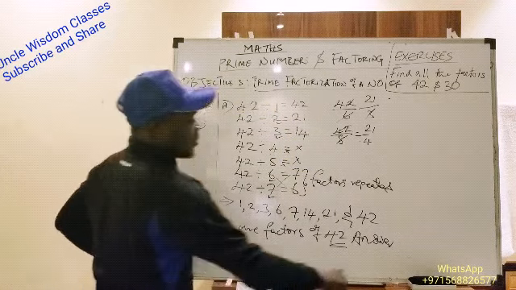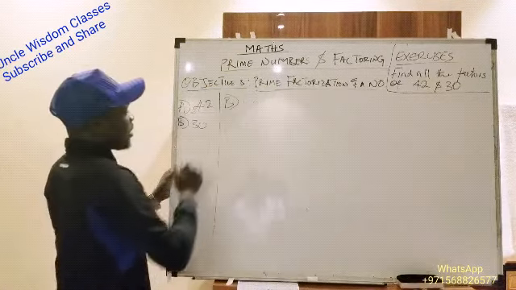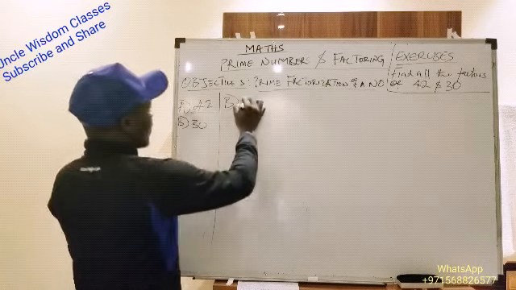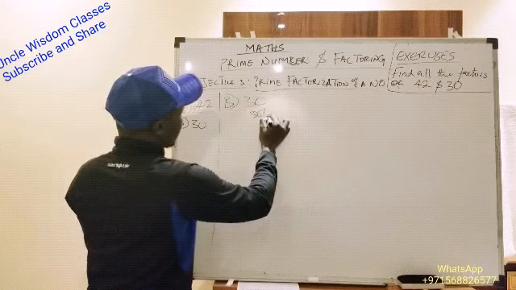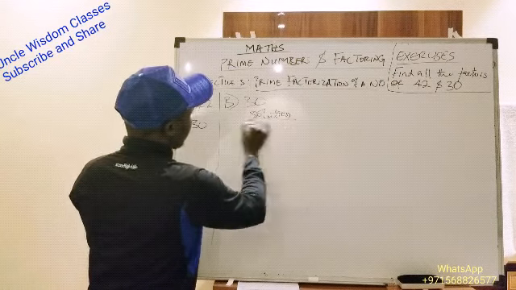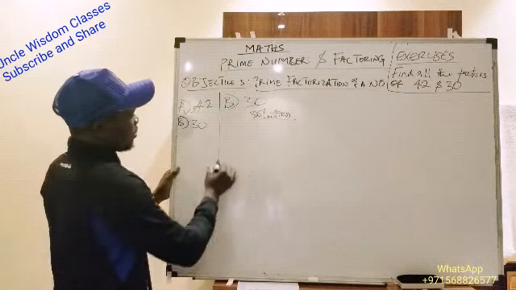We'll now take the second one. That is 30. Let us find the factors of 30.